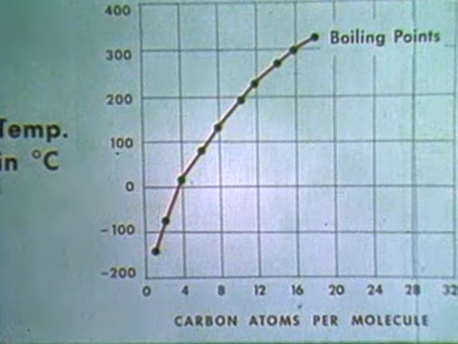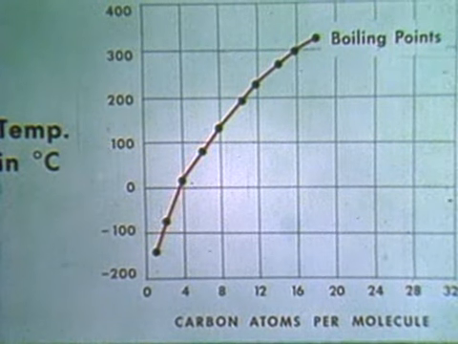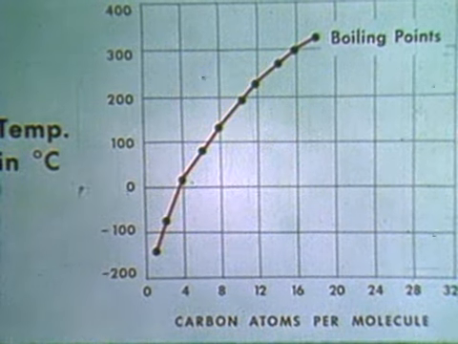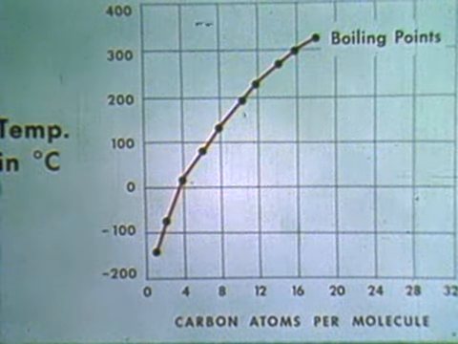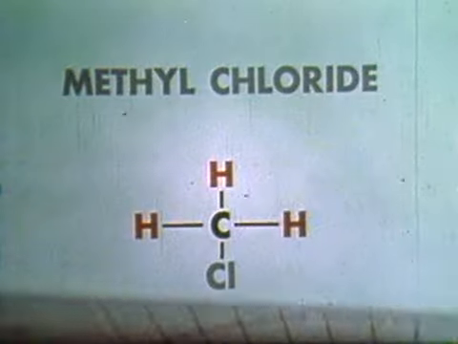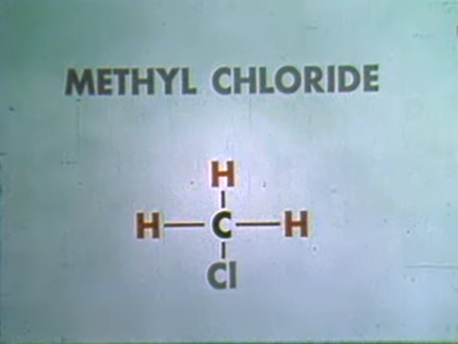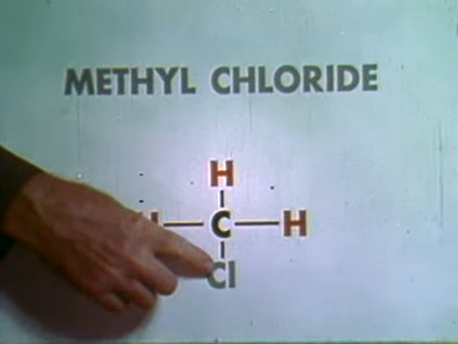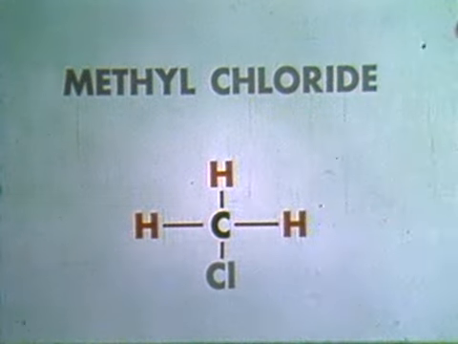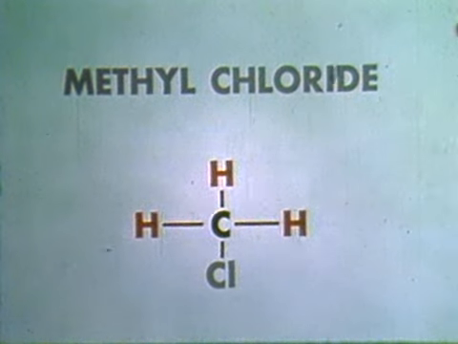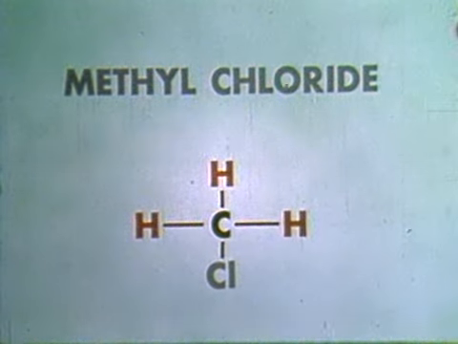Now, in addition to size, there are other factors that can raise cohesive energies. For example, this molecule, methyl chloride, is very similar to methane, but has a chlorine atom in place of one of the hydrogens in methane. The chlorine raises the cohesive energy significantly.